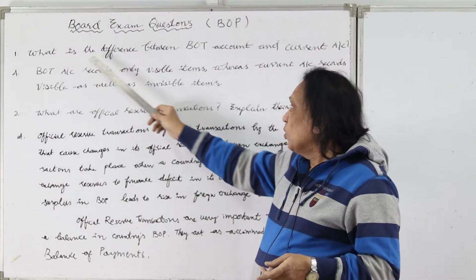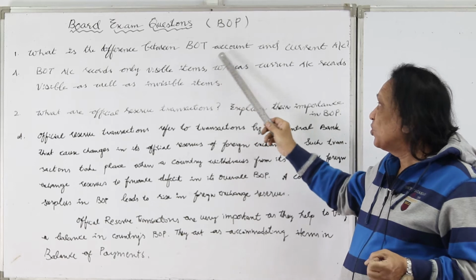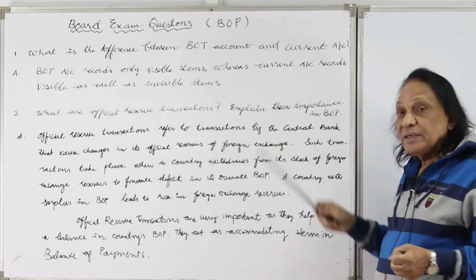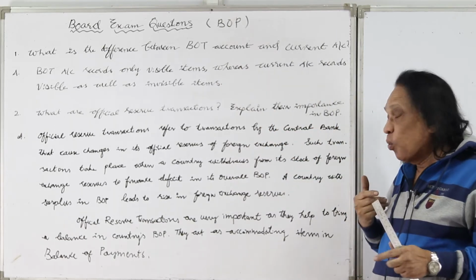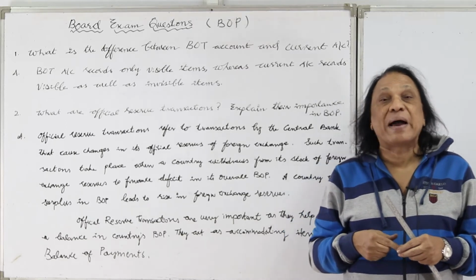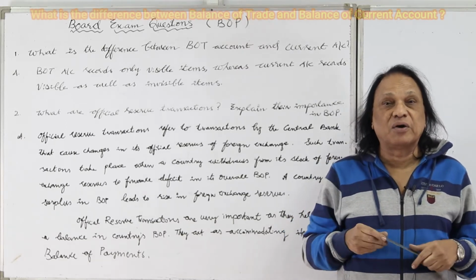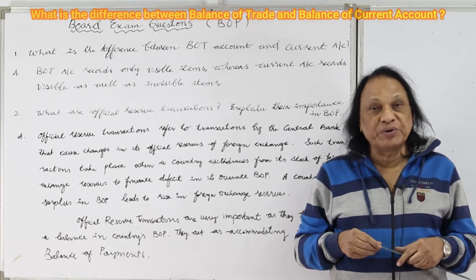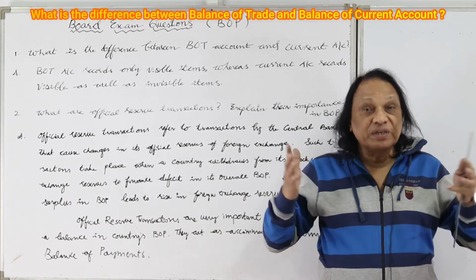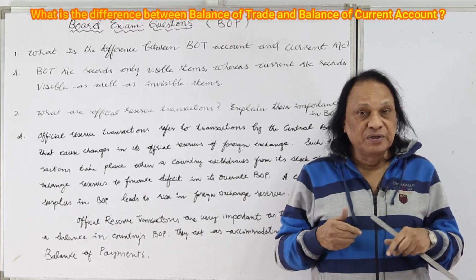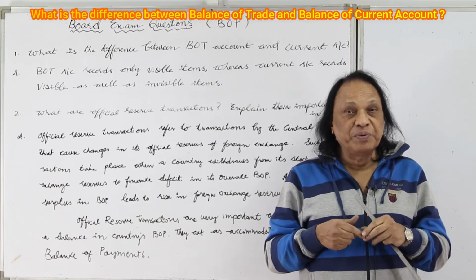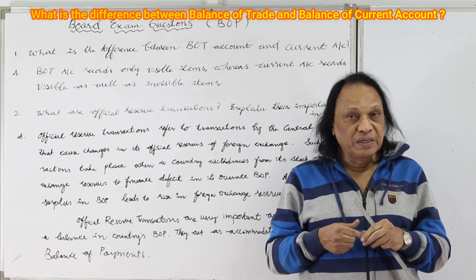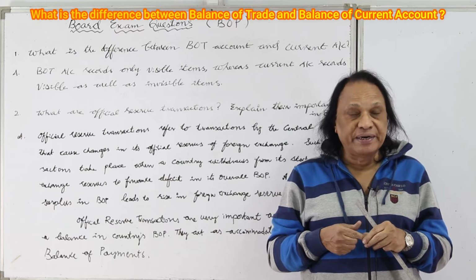The first one: what is the difference between BOT account and current account? What is the difference between balance of trade account and current account? You recollect when we discussed balance of payments, the first chapter of BOP is balance of trade.